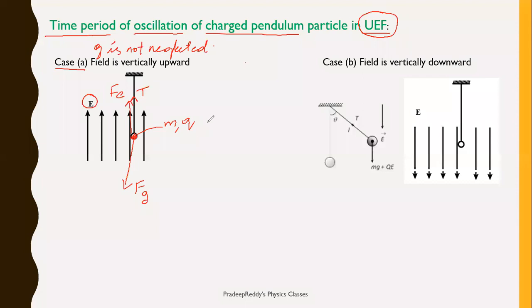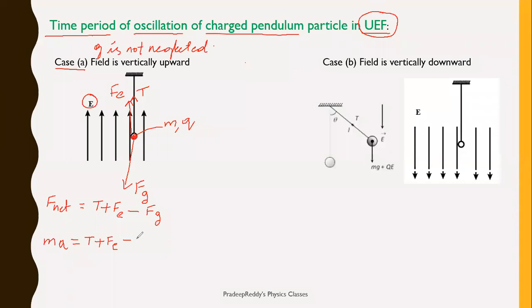Now I can write F net, the net force acting on this charged particle, is equal to tension T plus electrostatic force minus gravitational force. Therefore, net force will be equal to ma, which is equal to T plus Fe minus Fg.